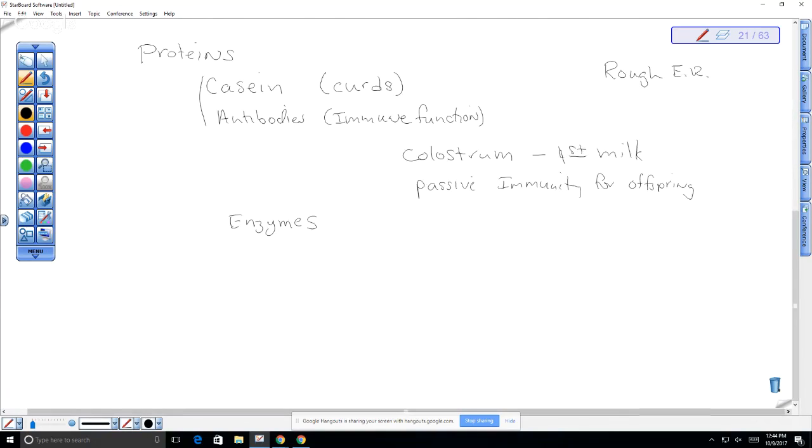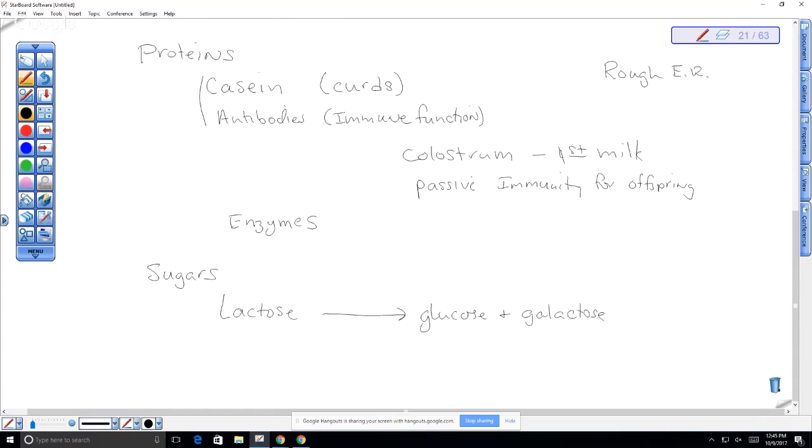Okay. We also have sugars in the milk. Does anybody know what sugar is found in milk? What is the milk sugar? Lactose, excellent. Okay, so that's milk sugar. That would be a source of energy for the newborn, right? And they are able to digest lactose and turn it into glucose and galactose.